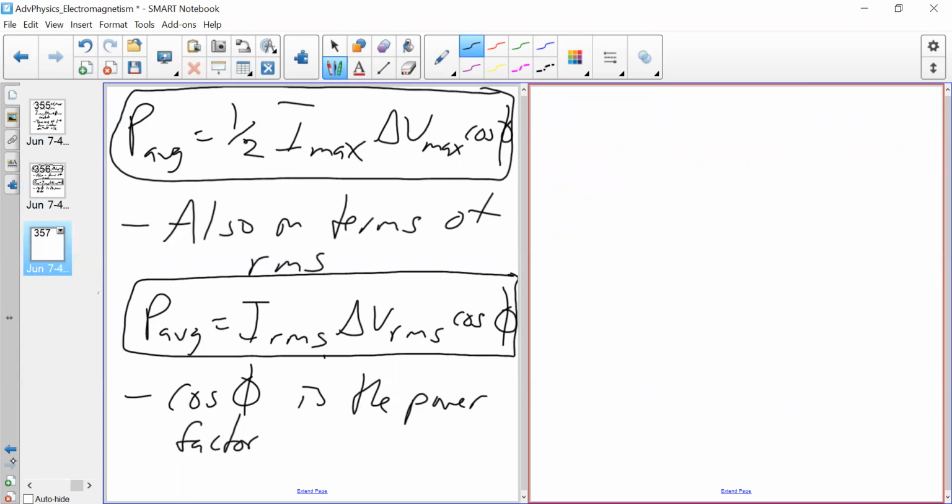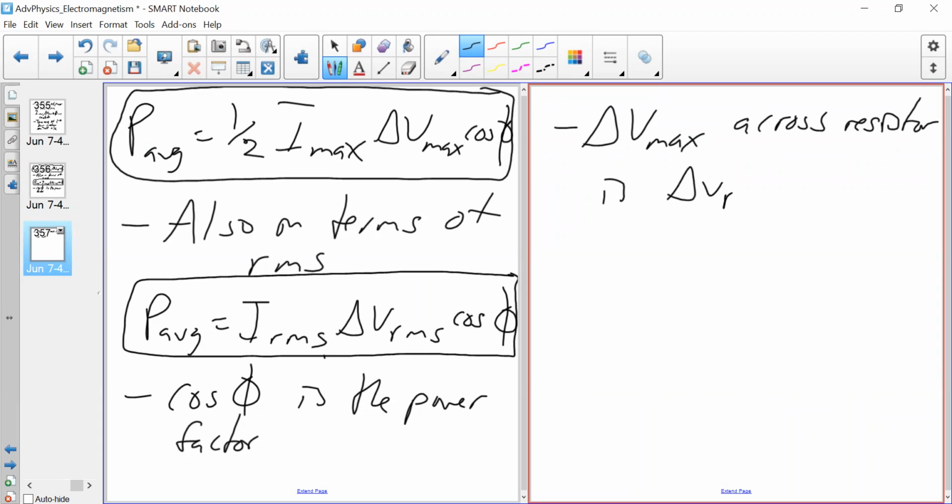It's the power factor and delta V max. Across the resistor is delta V R equals delta V max cosine phi, which is also equal to I max times R.